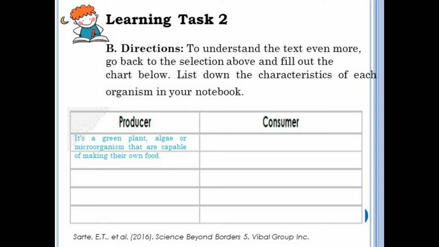So for producer, it's a green plant, algae, or microorganism that are capable of making their own food. Consumer, it gets energy by feeding on plants and other organisms. Okay, it's your turn to answer the rest of the activity.